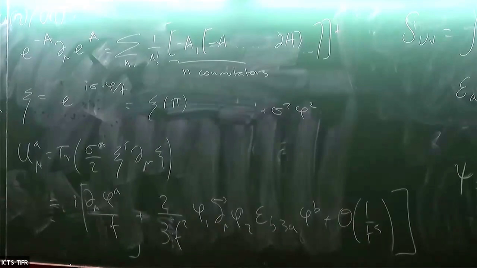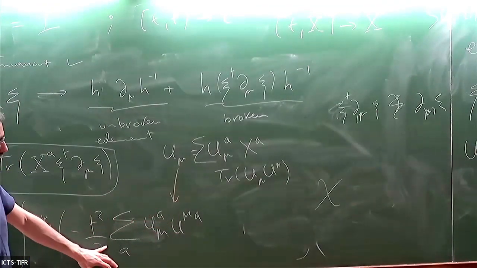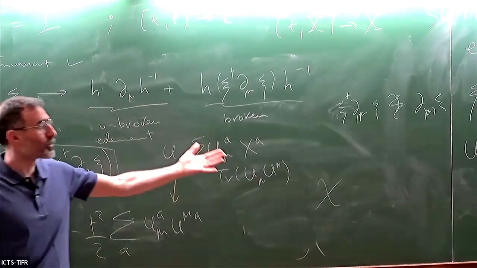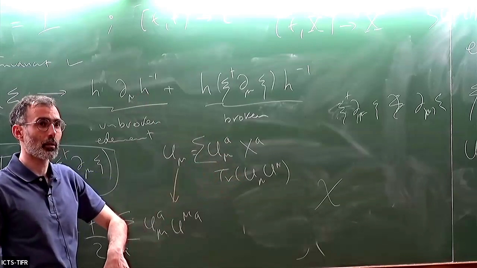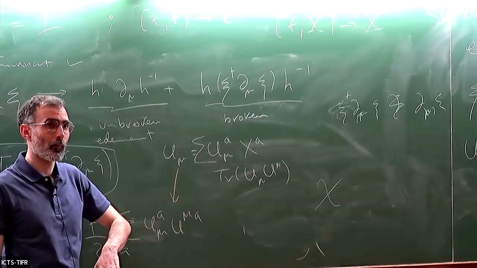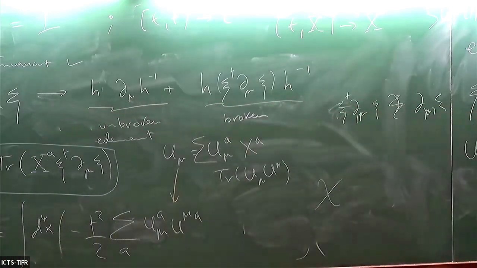The statement is that the Lagrangian might look different. The kinetic term you'll normalize, so that first term as usual. The higher order terms will look different indeed, but when you compute a matrix element, the matching will be the same.